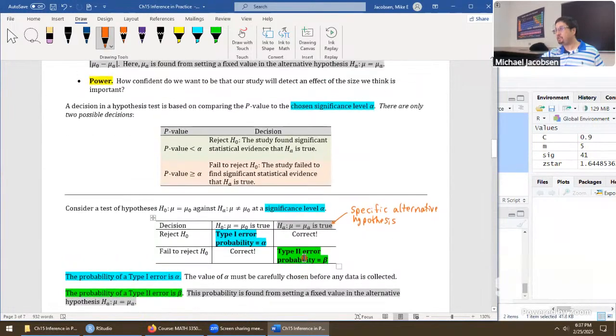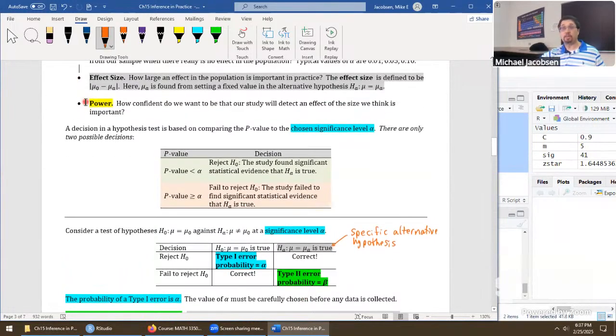But finally, after we've done all that, we can calculate power. Power is just a complement of this. So whatever beta is, we can say power equals 1 minus beta, the ordinary complement rule from probability.